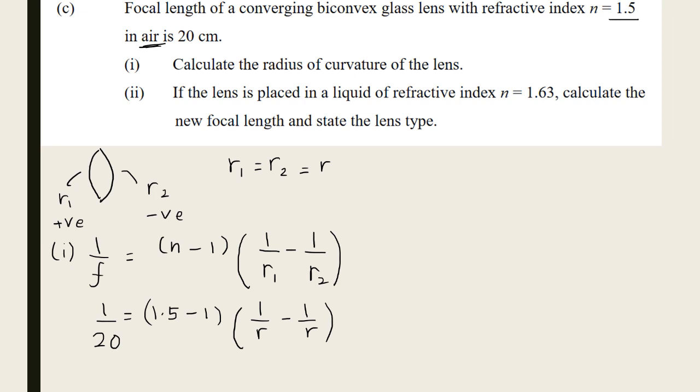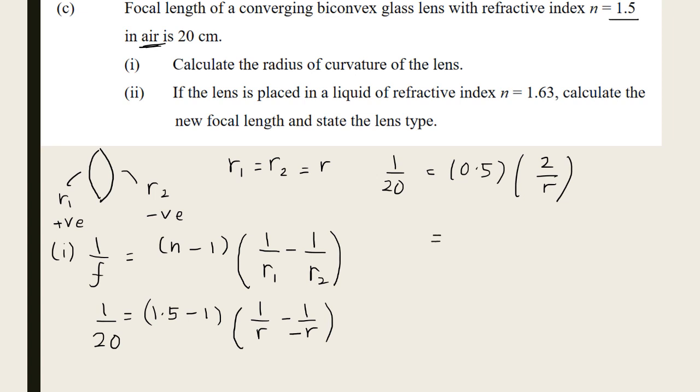So solving that will give you 1 over 20, 1.5 minus 1, 0.5. Then 1 over, I'm missing the negative sign. This should be negative, yeah? Negative, negative, positive. So 1 over R plus 1 over R is 2 over R. Okay.